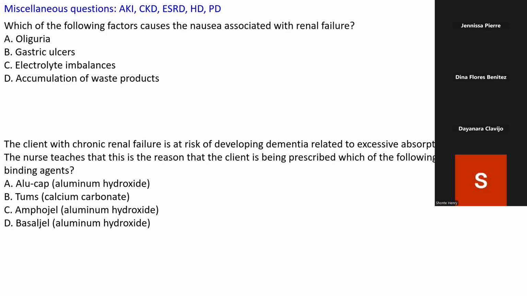Patients with renal failure may develop stress ulcers, but the nausea is usually related to the poisons of metabolic wastes that accumulate when the kidneys are unable to eliminate them, especially urea, the blood urea nitrogen. So the accumulation of waste products is the source of the nausea in patients with end-stage renal disease.